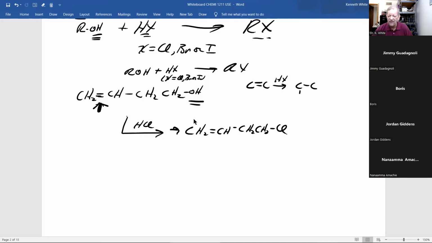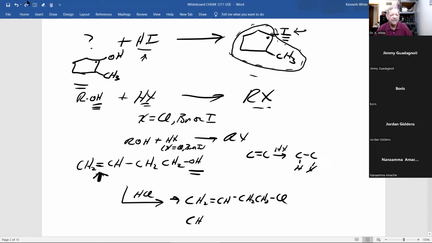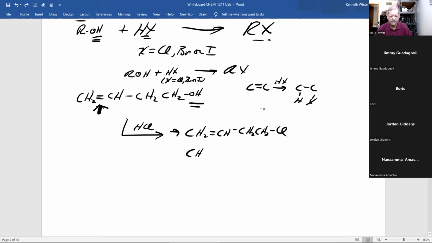You break the pi bond, one carbon gets H, the other gets X. So this double bond could react alone. Remember, the carbon with the most hydrogens gets the hydrogen, Markovnikov's rule, break the pi bond, the other carbon gets the chlorine.